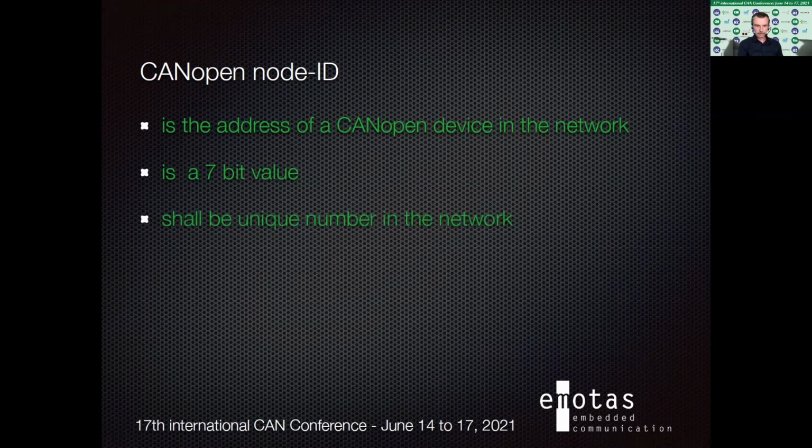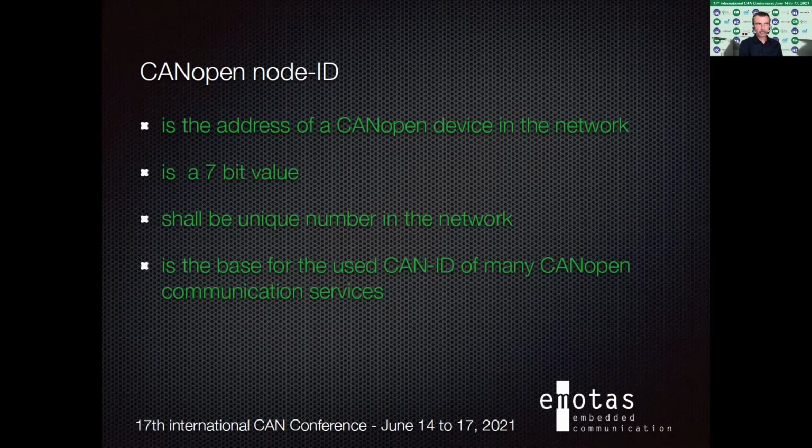It should be unique, and unique is the reason because many of the services in CANopen use this node ID to create the CAN identifier for the communication. For example, the error control mechanism uses the CAN ID hex 700 plus the node ID of the device that's sending the heartbeat. And that's why it has to be unique.